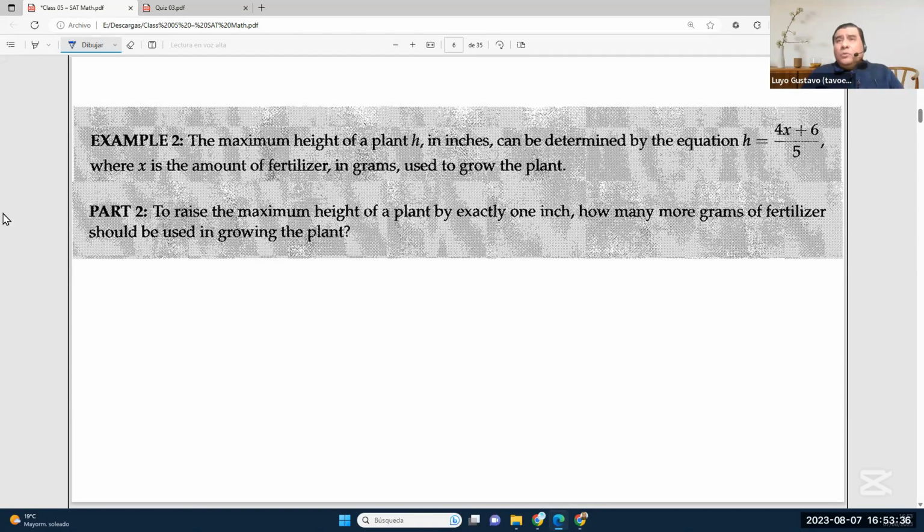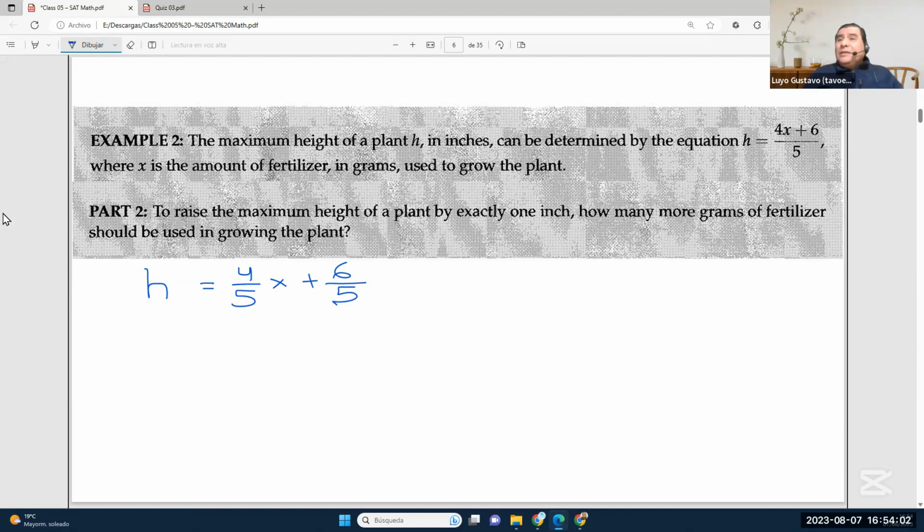A moment ago, we set the equation of h in terms of x in this form. So how do we interpret this? That if you use x grams of fertilizer, you get a height of 4/5 times x plus 6/5. That's the height of the plant.